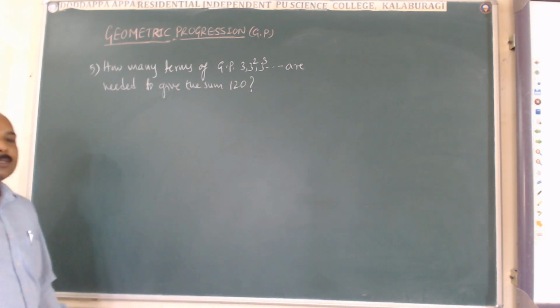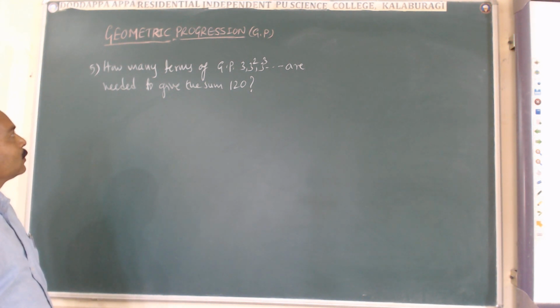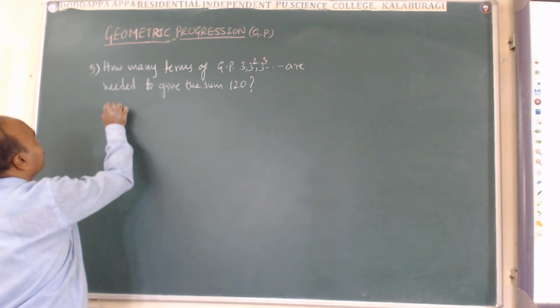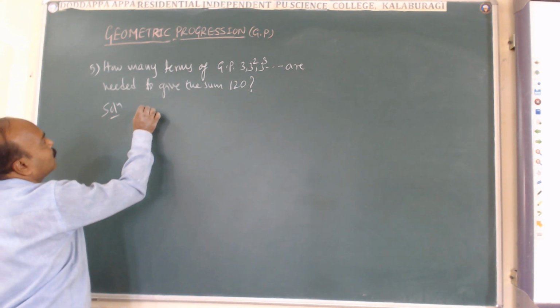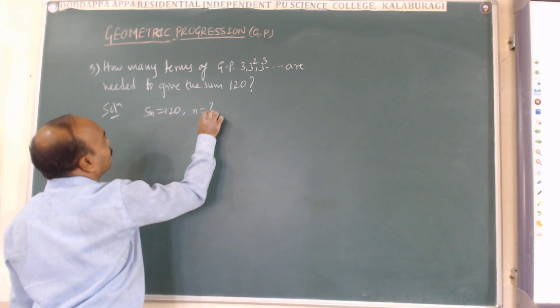The question: how many terms are needed to give the sum 120? Means they given the sum to n terms of a GP and it is asked to find the total number of terms. So they given that Sn equal to 120, n is the question mark.